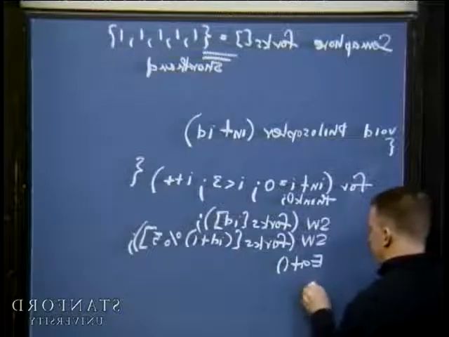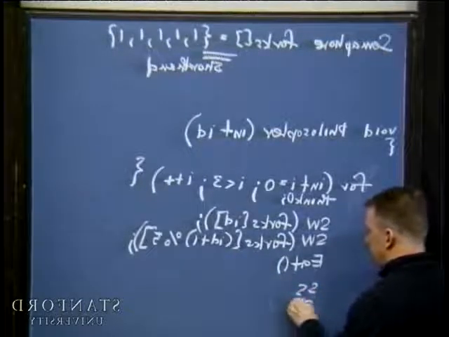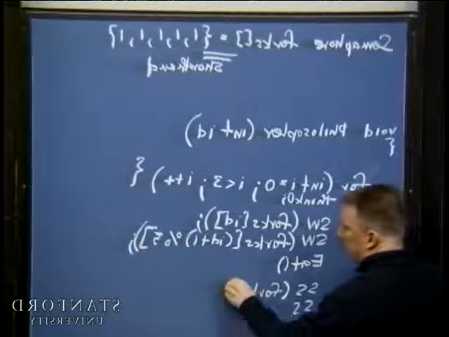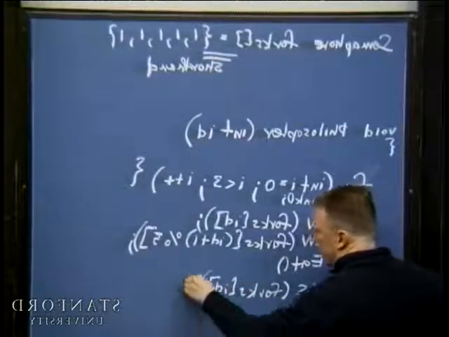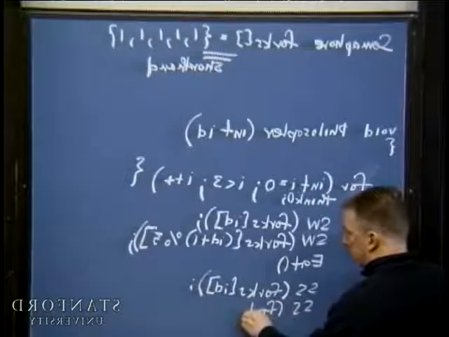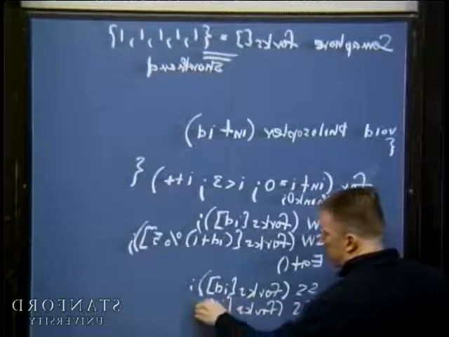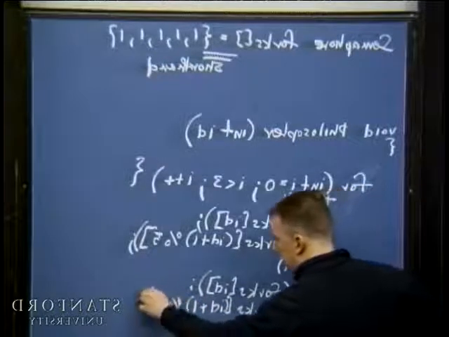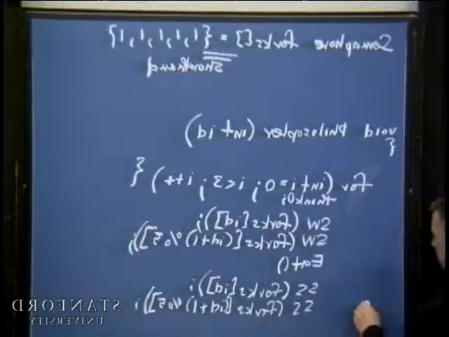After that happens, after they eat for a while, they semaphore signal these things. I don't really care about the order in which they free them. It doesn't really impact execution in any interesting way. Forks of ID plus 1 mod 5 ends that. And that is more or less what they do.